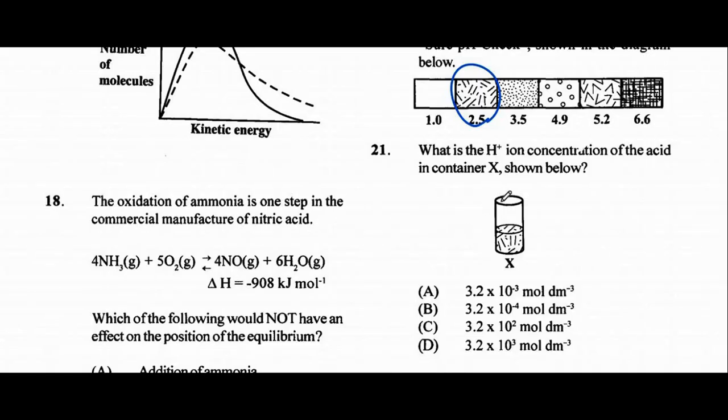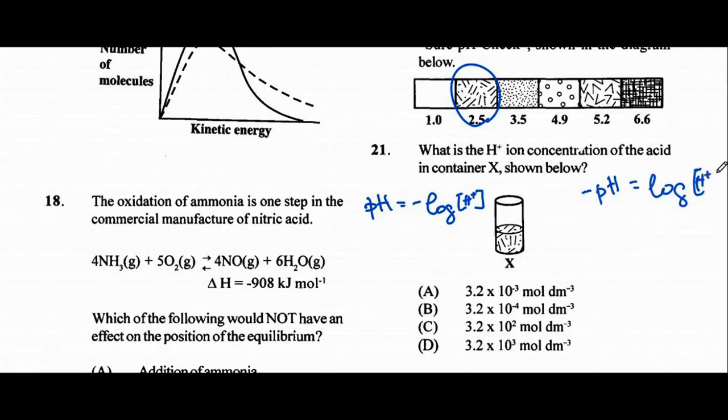Anyways, so we know that for a strong acid, the pH is equal to minus log to the base 10 of the concentration of the H plus ions, and they're asking for the H plus ion concentration. We know that the pH is 2.5, so the negative pH would be equal to log to the base 10 of the concentration of the H plus ions.